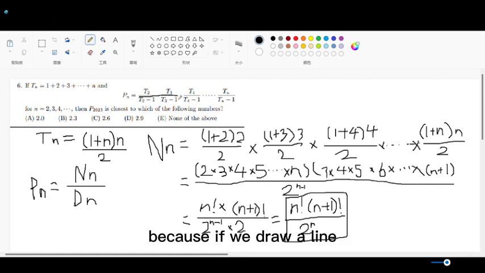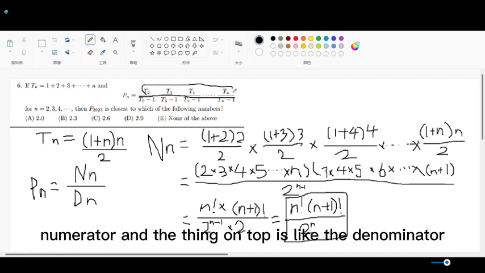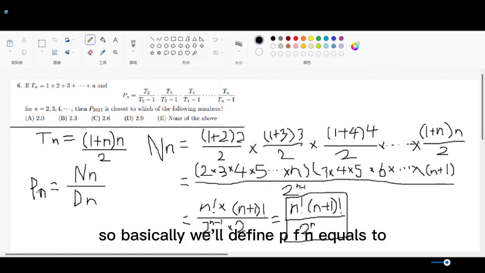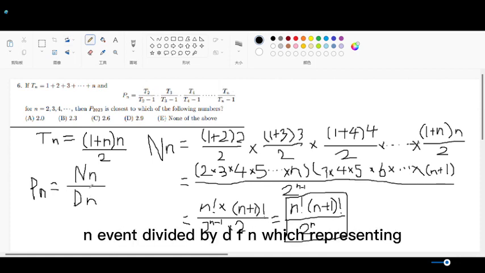If we draw a line, the thing on top is the numerator, and the thing on the bottom is the denominator. So basically we'll define P of n equals N of n divided by D of n, representing numerator and denominator.